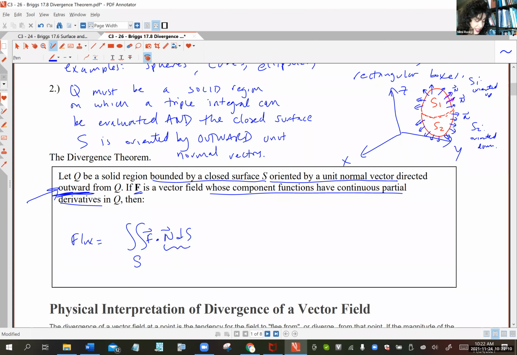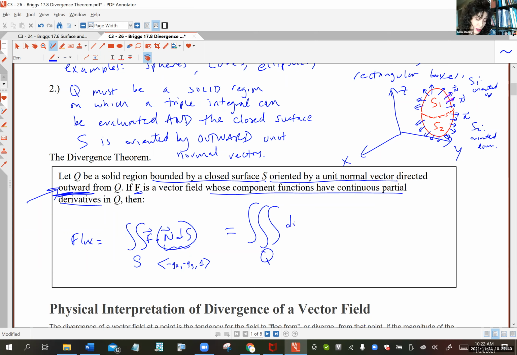N dS typically was negative g_x, negative g_y, 1 together, and then you dot product that with your vector field. It turns out you don't even have to evaluate that flux integral. You turn it into a triple integral instead, because it'll be easier. That's the motivation.